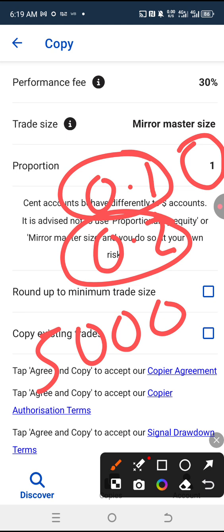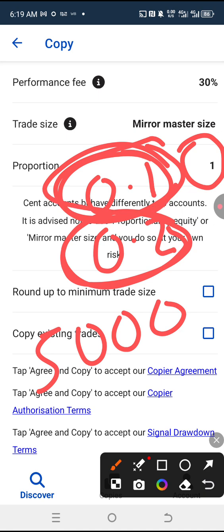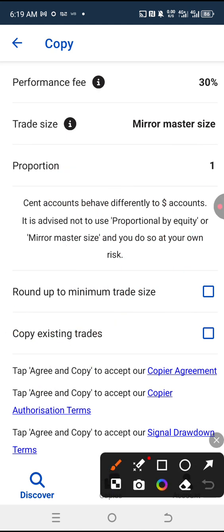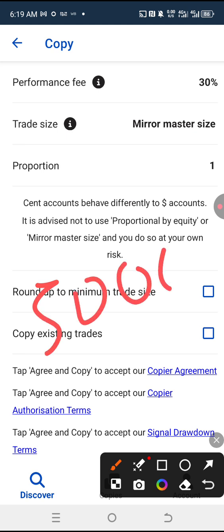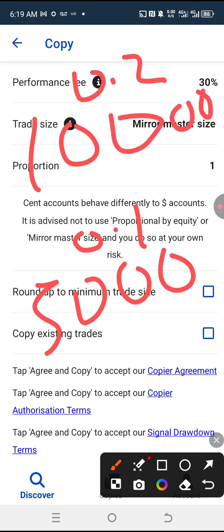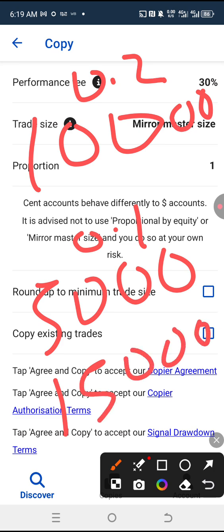This trader is a very good trader. The advantage is this gives you more money than this, but this makes you safer than this. So that's the difference. What do you want to choose for every 5,000? If you are on a low risk, 5,000 means 0.1, 10,000 means 0.2, 15,000 means 0.3.